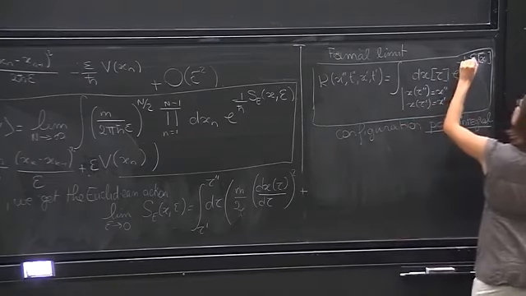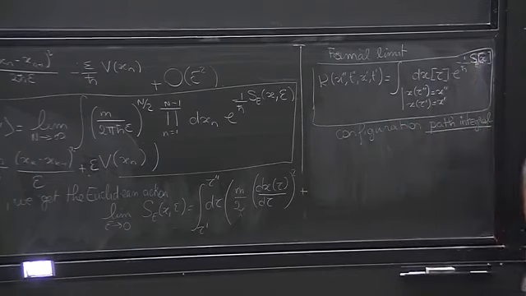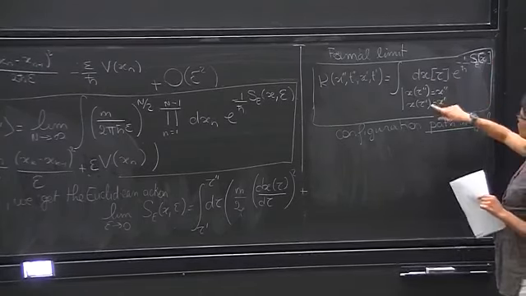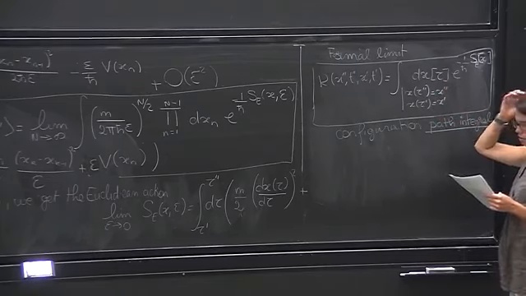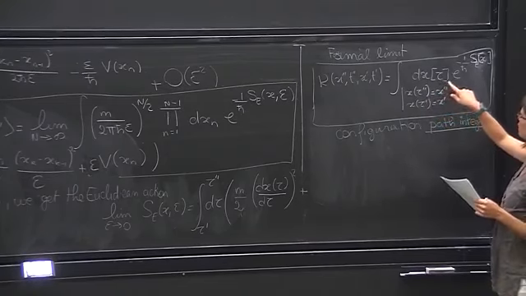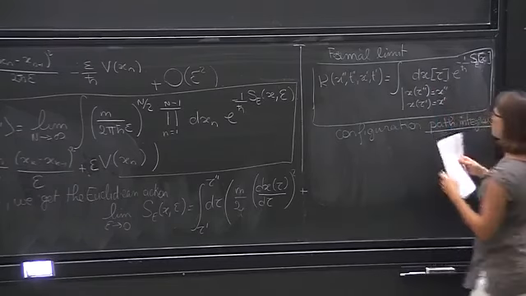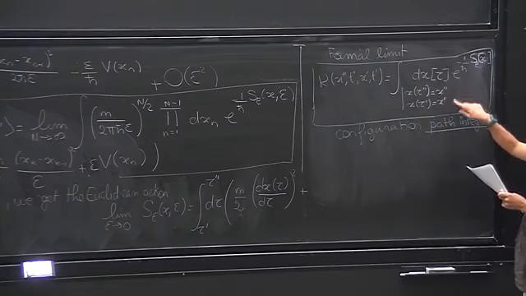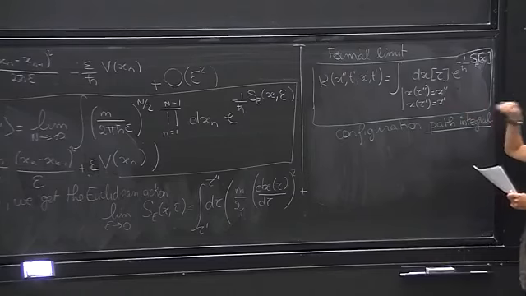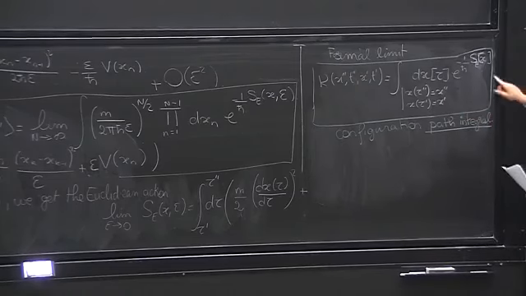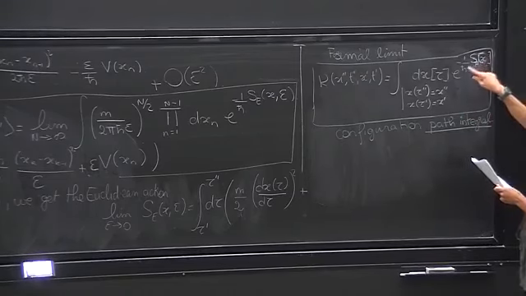Okay? So, a few remarks here. First, this integration is over all functions x of tau, satisfying this boundary condition, okay, and this gives you kind of the weight.